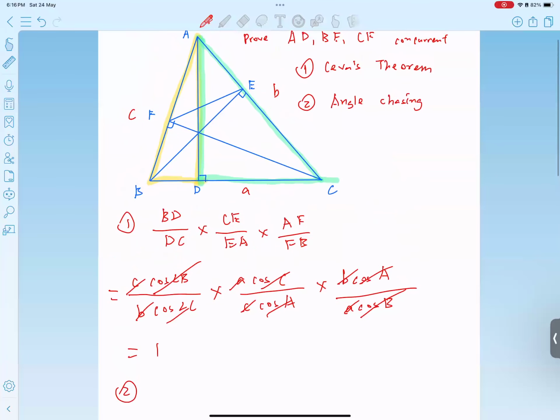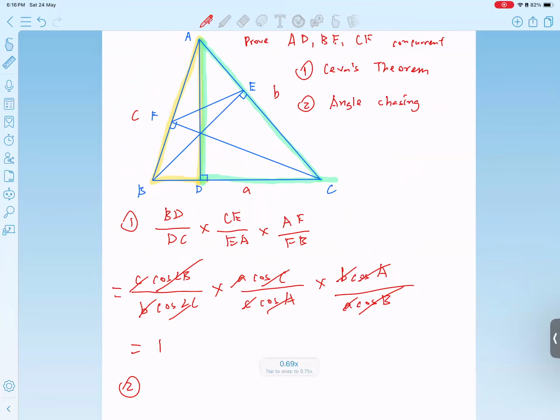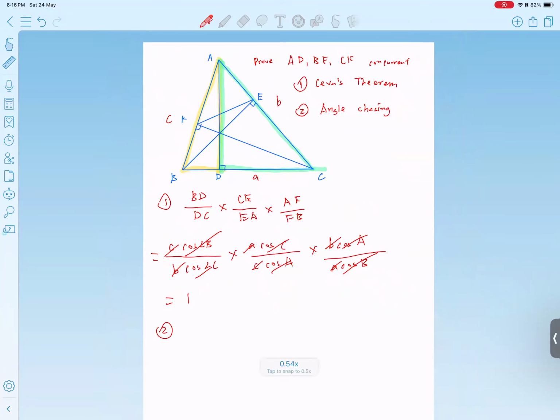So the next thing ties very closely to the orthic center configuration. We're trying to prove this using angle chasing with reverse reconstruction. What I mean by reverse reconstruction is a common technique in synthetic geometry.